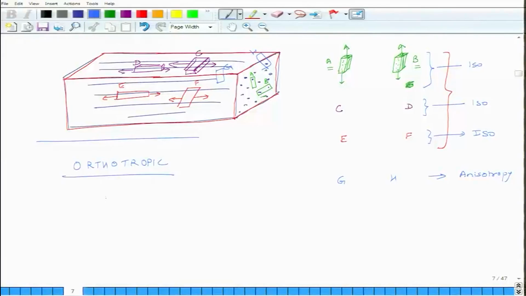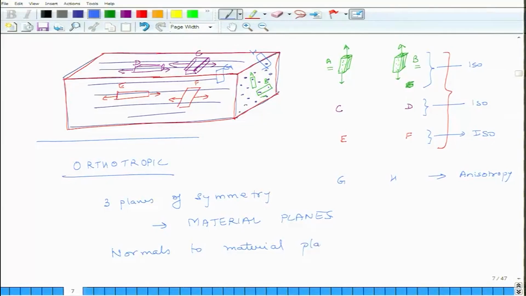These three planes of symmetry are known as material planes, and the normals to these planes, normals to material planes, they are known as material axes.